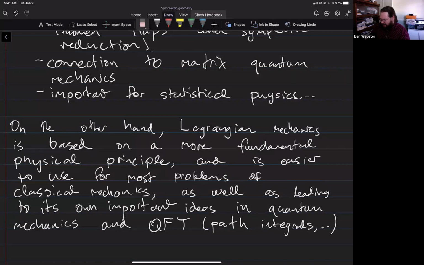It also leads to important ideas in quantum mechanics like path integrals. Somehow Hamiltonian mechanics leads you to matrix mechanics, wave functions, Schrodinger's equation, whereas Lagrangian mechanics leads you to path integrals, Feynman diagrams, all of that stuff.